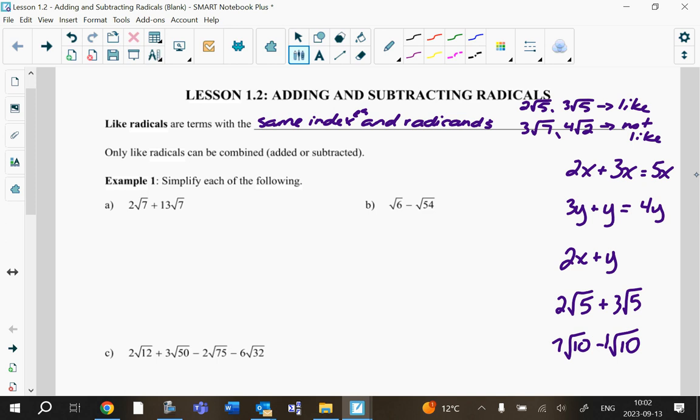If they are like, we can combine them by adding or subtracting the numbers in front of them, called the coefficients. That's the word that we use.